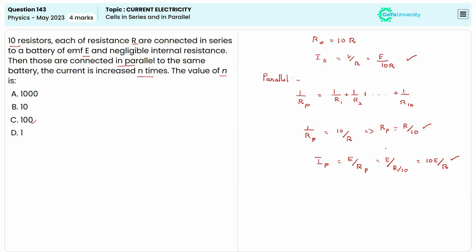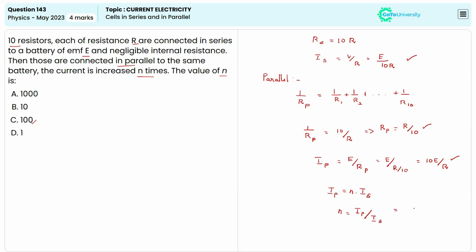Now we have the value of current in the parallel connection and the current in the series connection. So we can compare these and calculate how many times it was increased. It's given in the question that the parallel current will be n times the series current, right? So we can write n will be equal to IP divided by IS.